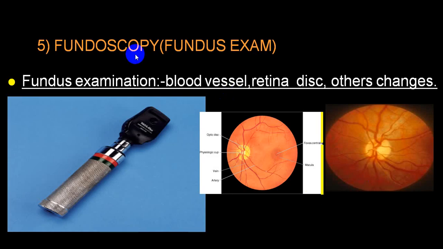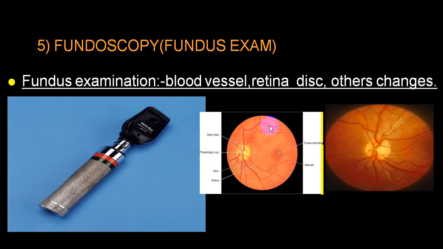Then you can go for fundus examination by using a fundoscope, and you try to look at the optic disc, the margin of the optic disc, periphery, the arterial tree, arterial and venous branches. So retinal arteries, that is artery and vein branches. You look at the fovea.